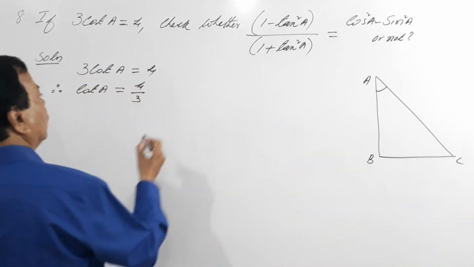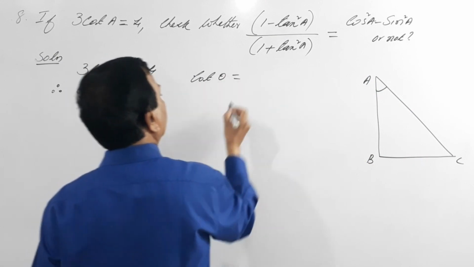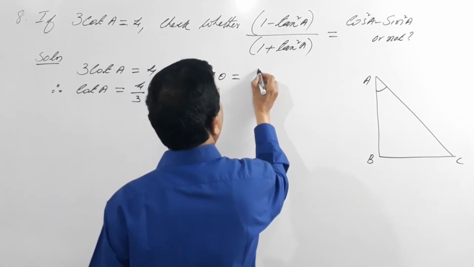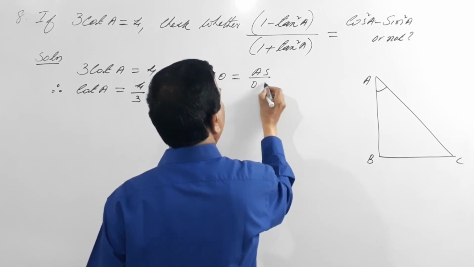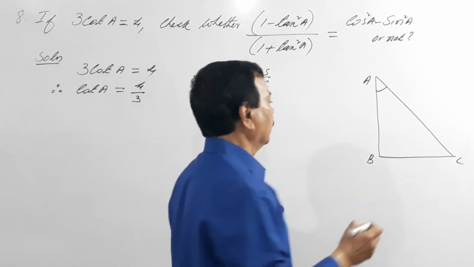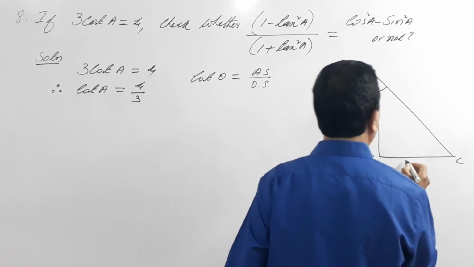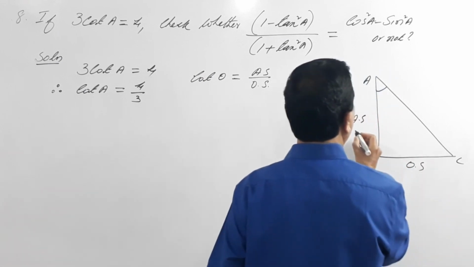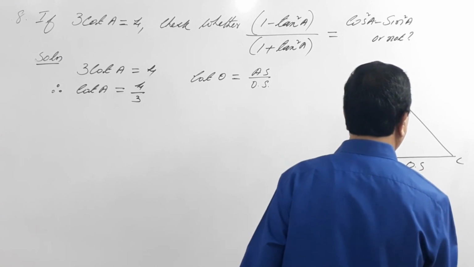We know that cot theta is adjacent side by opposite side. Cot A equals adjacent side by opposite side. Here it is called base and this is called perpendicular height.